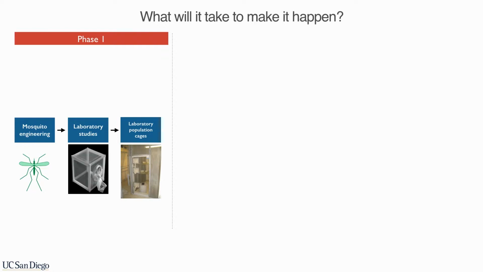Is it safe? And then move on to the next phase. And if the answer is no, then you go back to the drawing board and redo it until you can satisfy that phase transition, go, no-go decision. In the first phase, it's laboratory studies, which I'd say we're kind of at the end of. We're beginning to transition to the next phase, but we're still late in that phase.